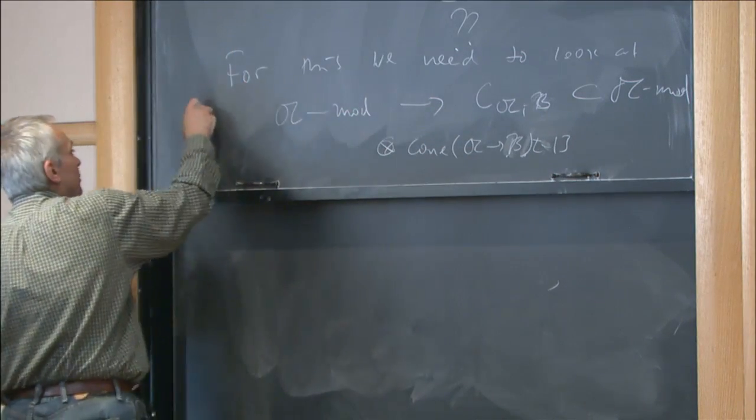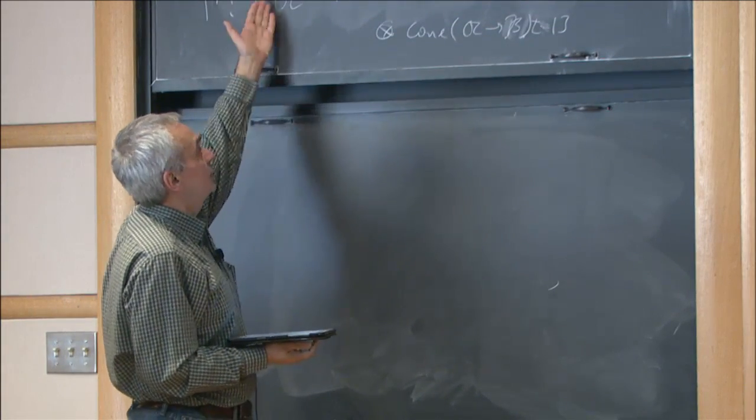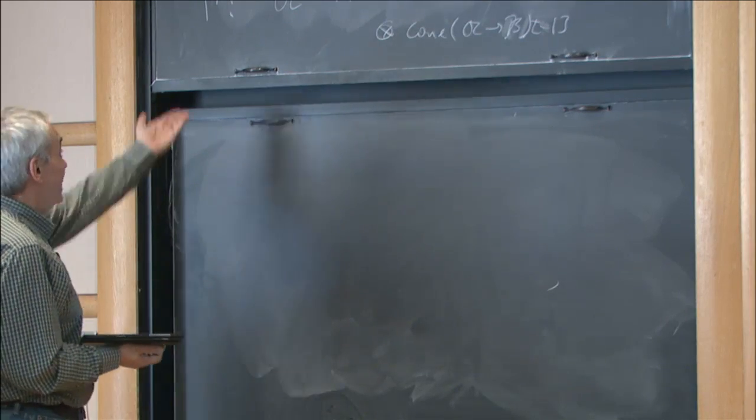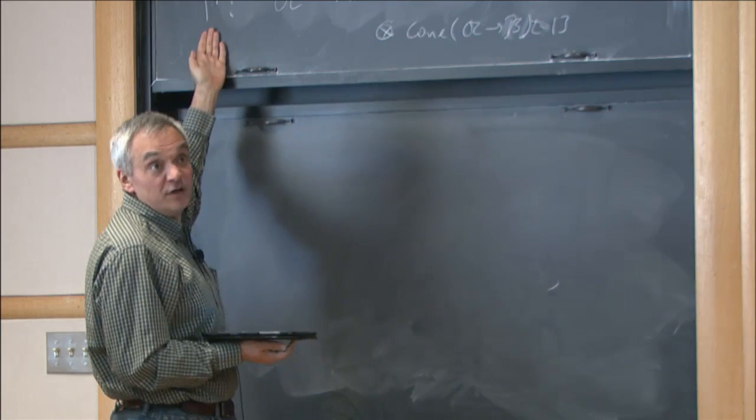And let's call this guy T prime. And so the condition that this thing is right adjoint to the inclusion and describes the category B is just saying that this is a coidempotent comonad.